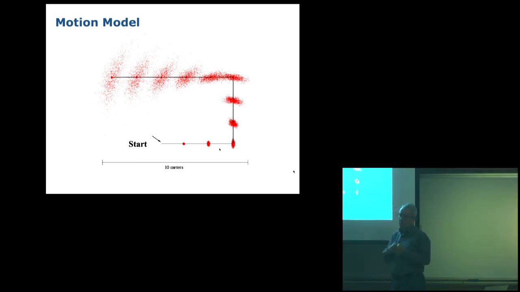Then we pass all of them through that motion model once, and in the very first case that gives a distribution like this one over here. If we pass those again through that transition model, we get a distribution like this over here. And in the third step, a distribution like this over here.